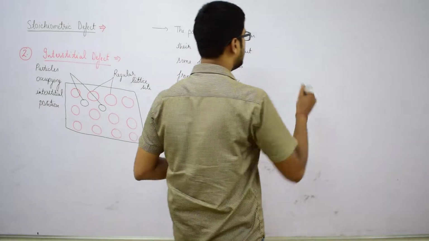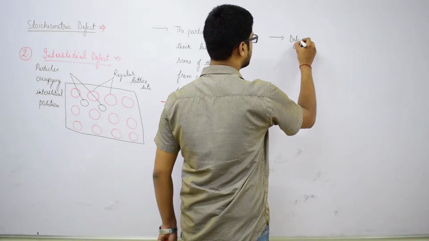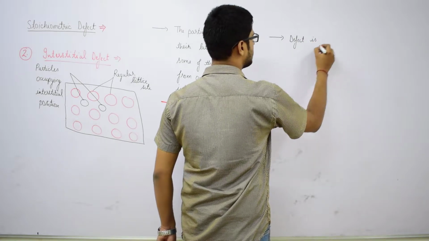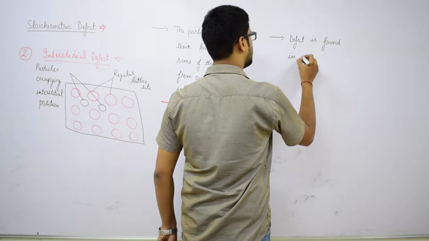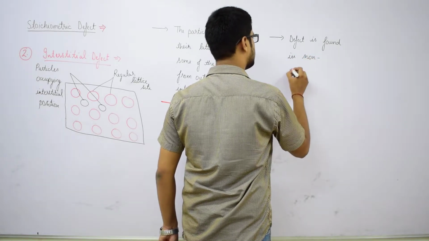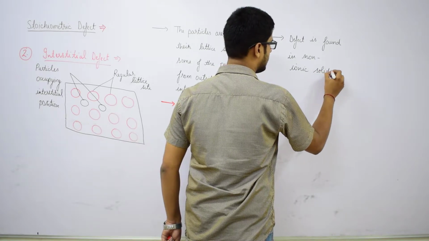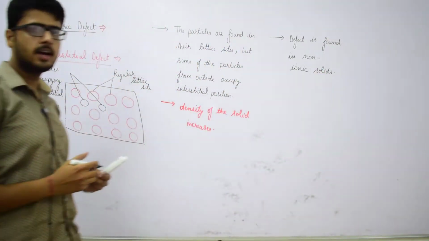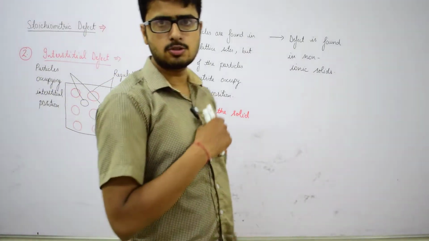And the third point is that this type of defect is found in non-ionic solids. So, this is the type of stoichiometric defect.